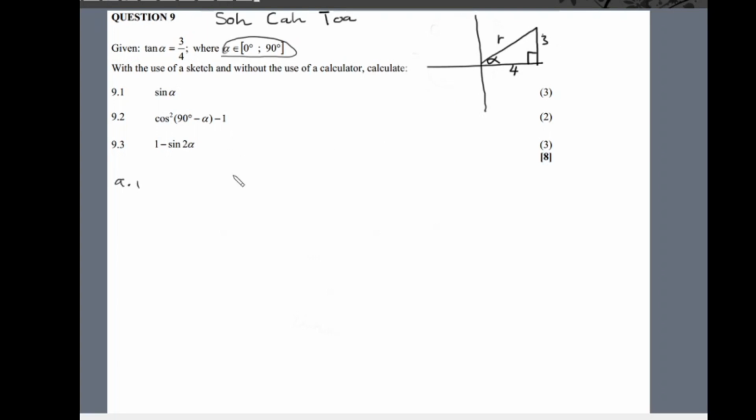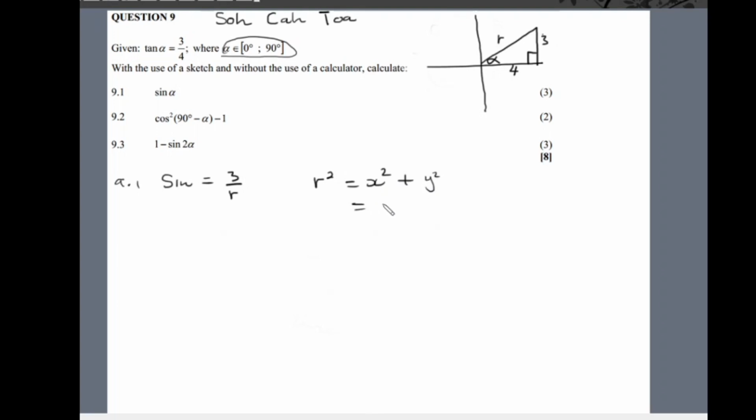So now sine alpha will be opposite, which is 3, and the hypotenuse is r. So we need to calculate our hypotenuse, right? Calculating the hypotenuse, we'll use the theorem of Pythagoras, which says that the hypotenuse squared is equals to x squared plus y squared, right?